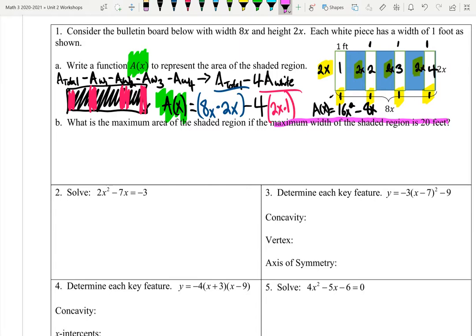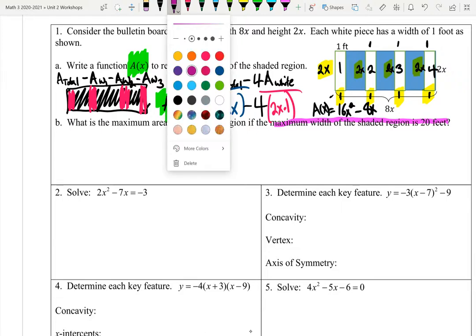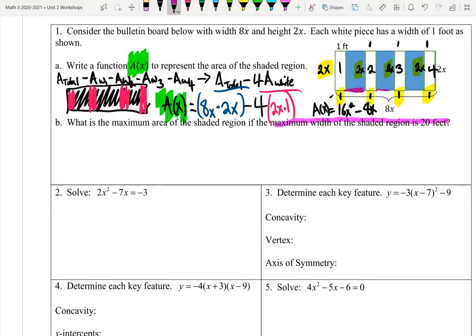So this portion, here, here, and here. Well, what is that width?